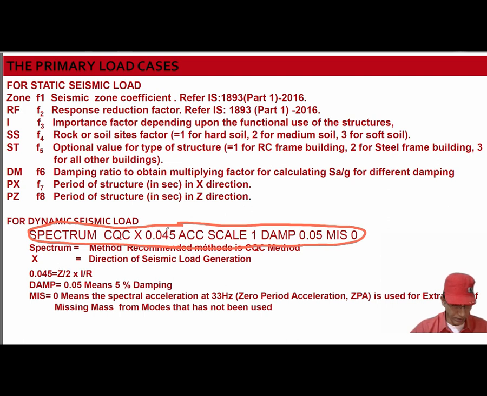Z0.45 is the magnitude of seismic force that is to be generated in the x direction. So 0.45 comes from Z by 2, I by R. Our project is in Delhi NCR, so Z will be 0.24.